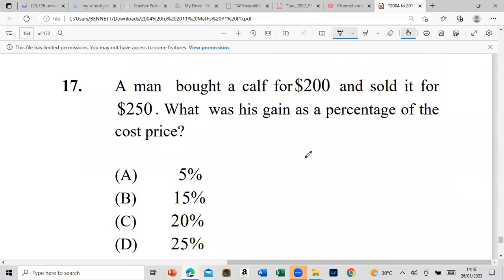A man bought a car for $200 and sold it for $250. What was his gain as a percentage of the cost price? So first, let us calculate his profit. Selling price minus the cost price, so that's $50. So he gained 50. Remember, this was the cost price, so it's 50 over 200.